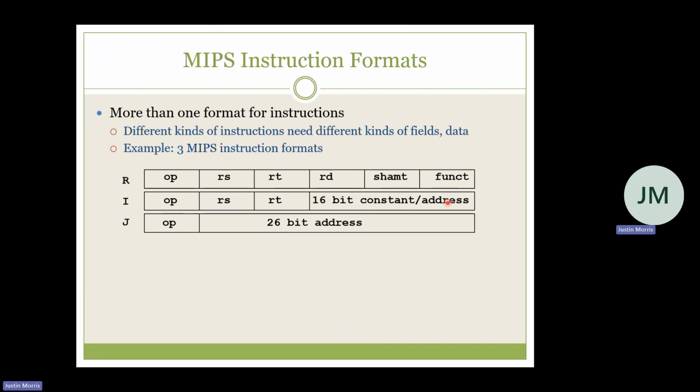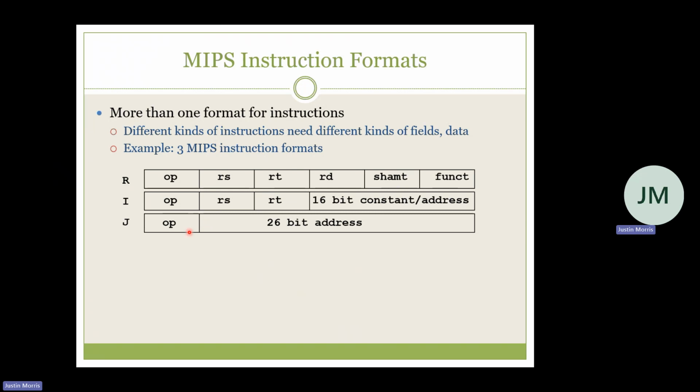And then the address is because I type is for load word, store word. And I type is also for branch equal, branch not equal, so that's again going to be an address. But essentially they are all just this 16 bits sign extended immediate number.